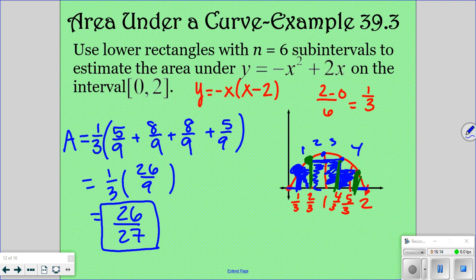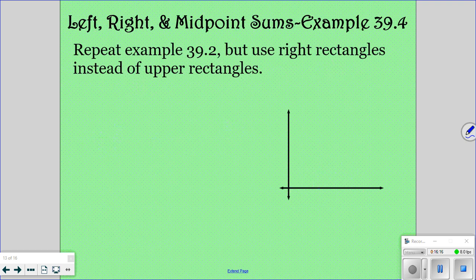Okay, so let's look at using right rectangles instead of upper rectangles. So it said the one from 39.2. So that was y equals -x squared plus 9 on the interval from 1 to 2, where you have 5 rectangles.